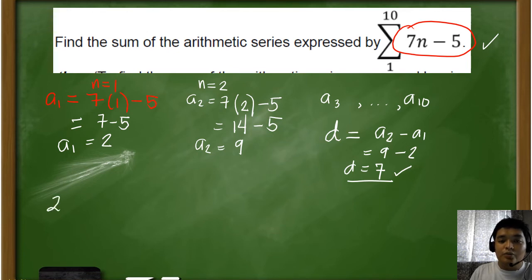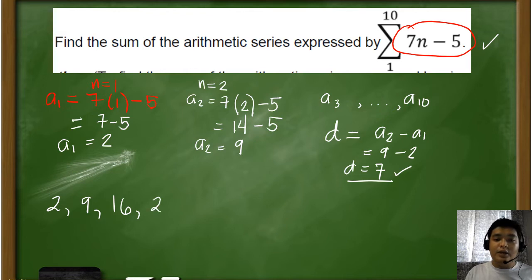Now we will use it to list all the terms of our arithmetic sequence. That is 2, 9. The second term is 9, what is the third term? 9 plus 7 is 16. 16 plus 7 is 23. 23 plus 7 is 30.